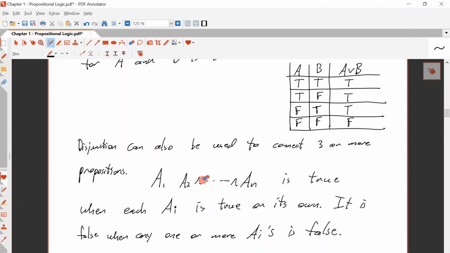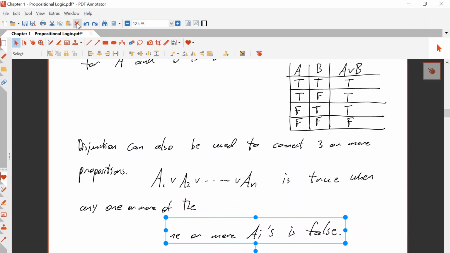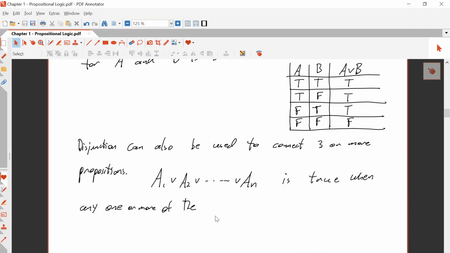So A1 disjunction A2 disjunction up to AN is true when any one or more of the AIs is true on its own.